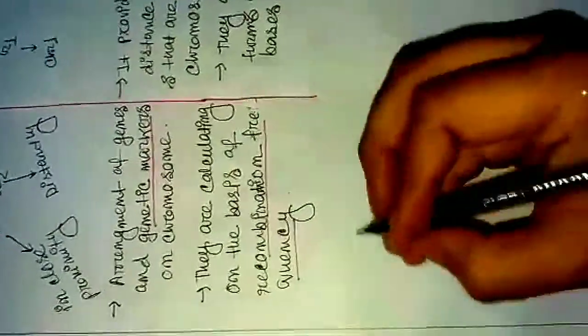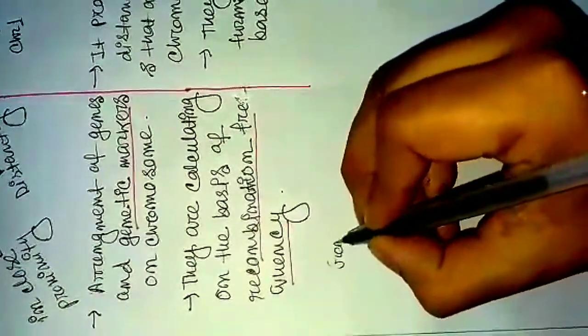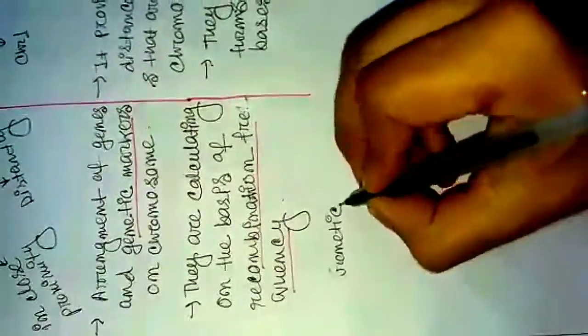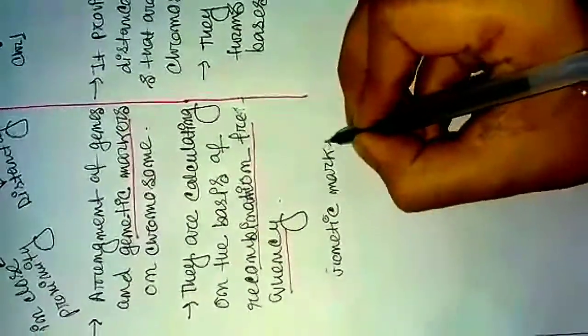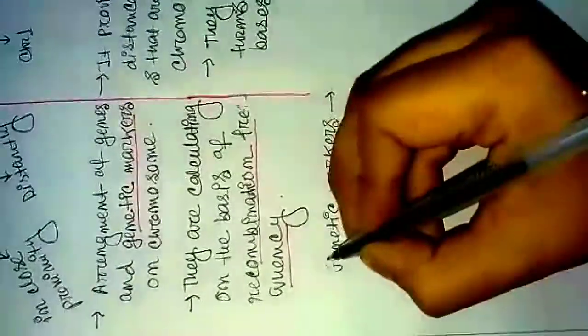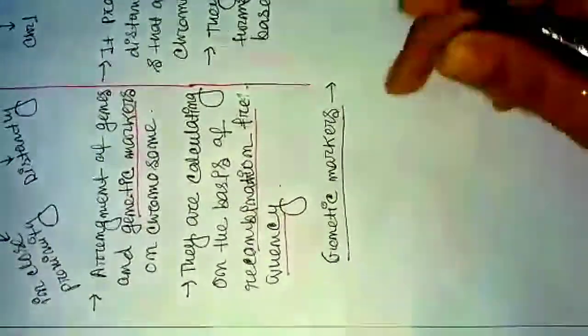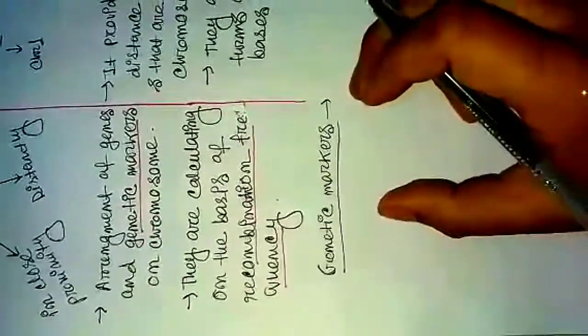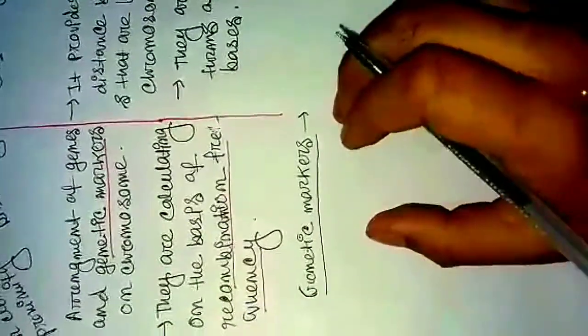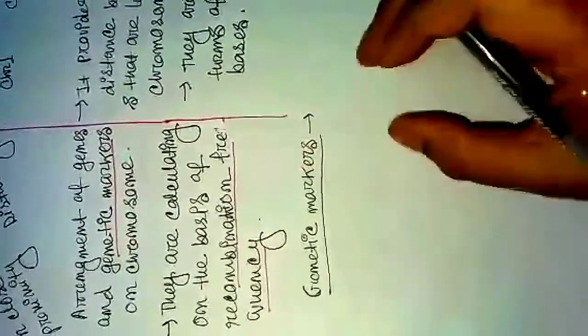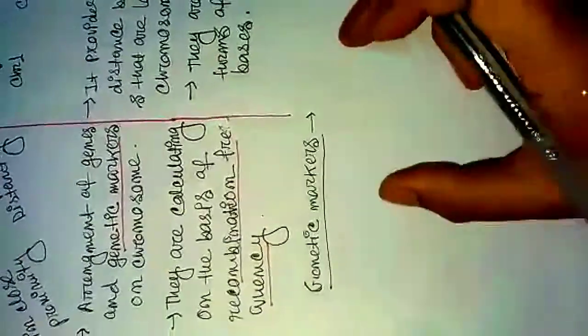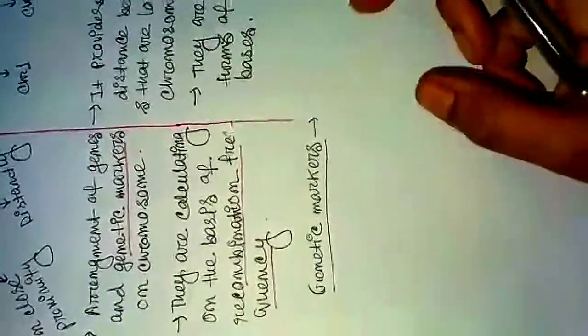So first one is genetic markers. What are they? These genetic markers are simply genes that are present in different locations on a chromosome and have different ways of expression.